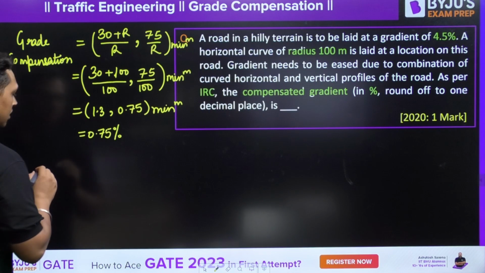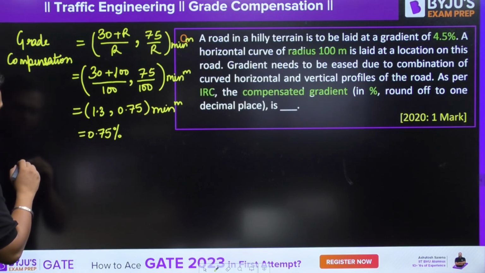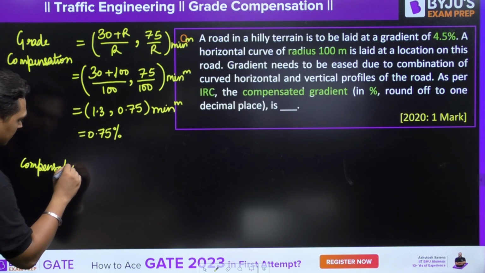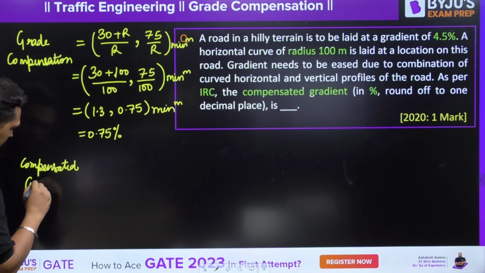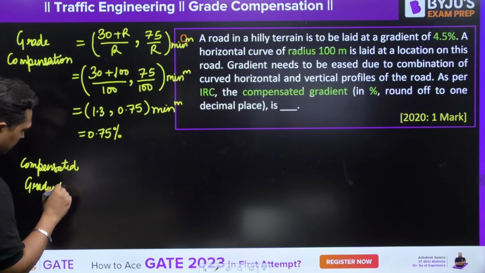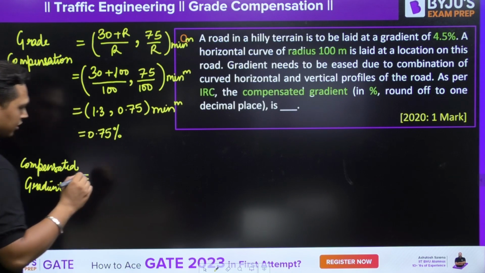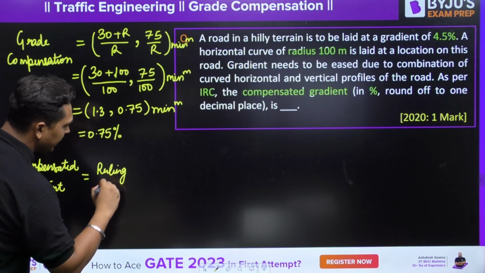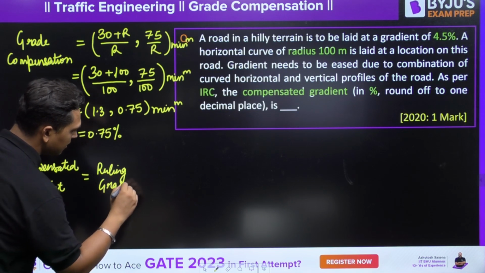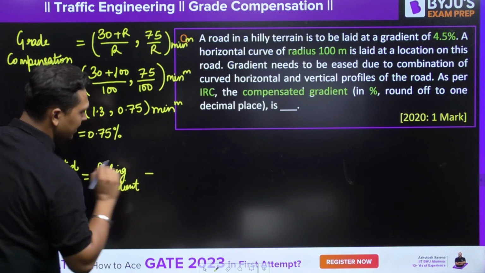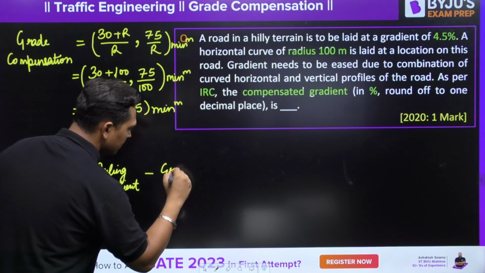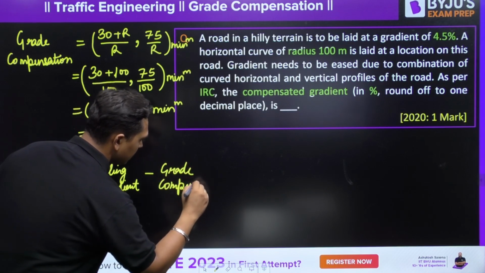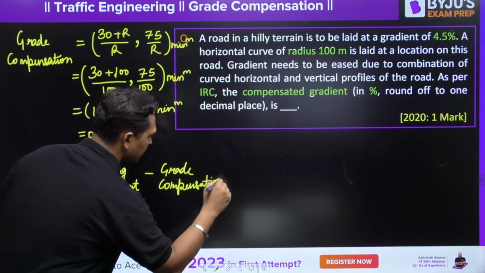Now, what is the compensated gradient? It is equal to ruling gradient minus grade compensation.